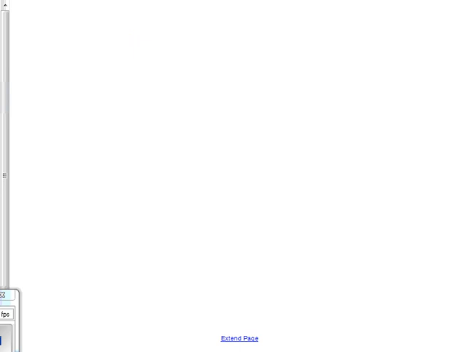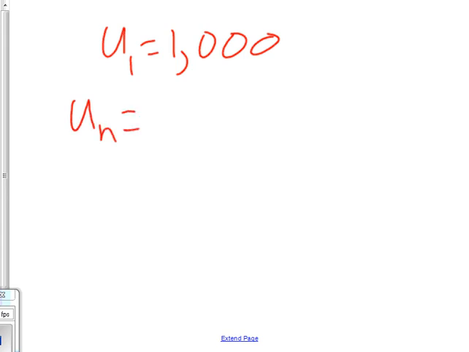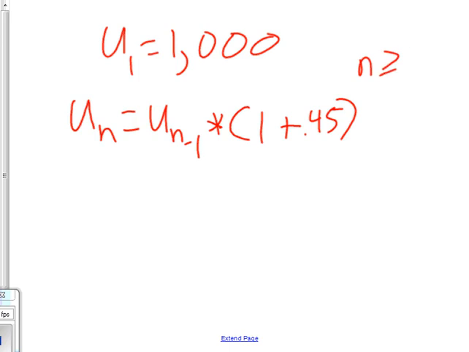So let me do this. Let's get another example here, and I'm going to have you answer a few questions for me with this one. So let's do u sub 1 is equal to 1,000, and u sub n is equal to u sub n minus 1 multiplied by 1 plus 0.45, n is greater than or equal to 2.